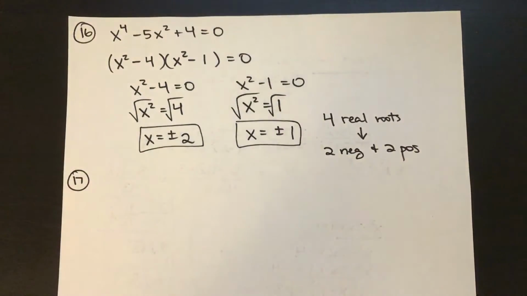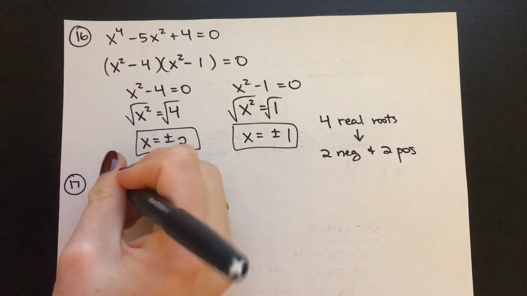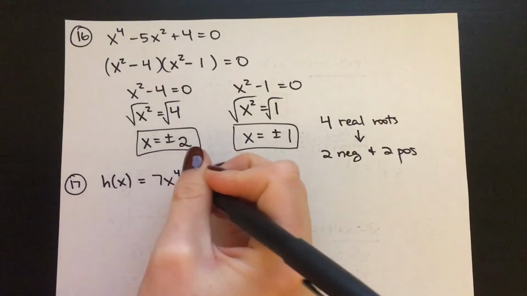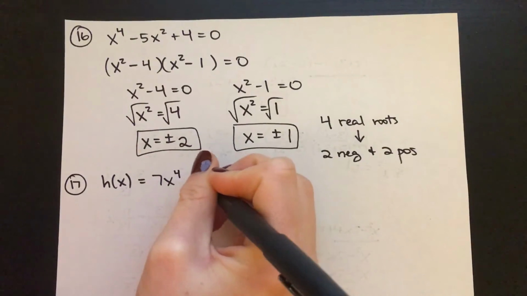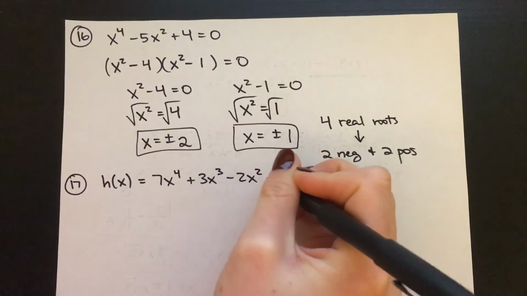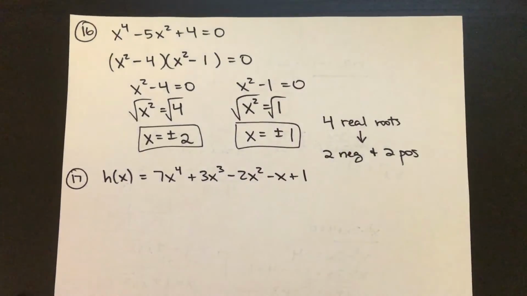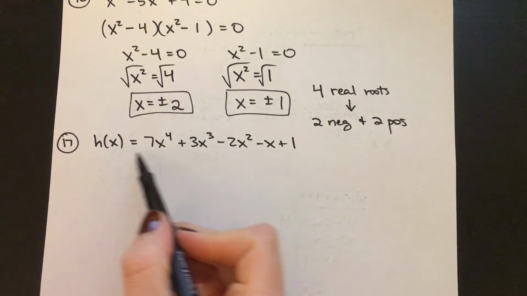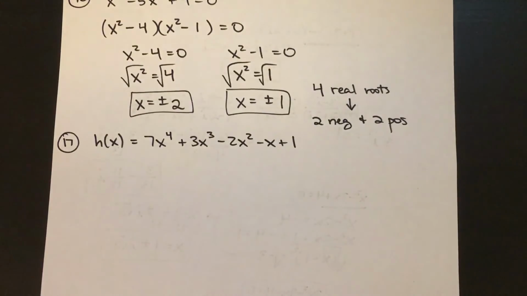Speaking of categorizing things into real and positive and negative and imaginary roots, we have this function right here. Okay, so we start with that function. First, we want to figure out how many positive roots there could be. So what I do is I take the function just the way it is, and I check for the number of sign changes.